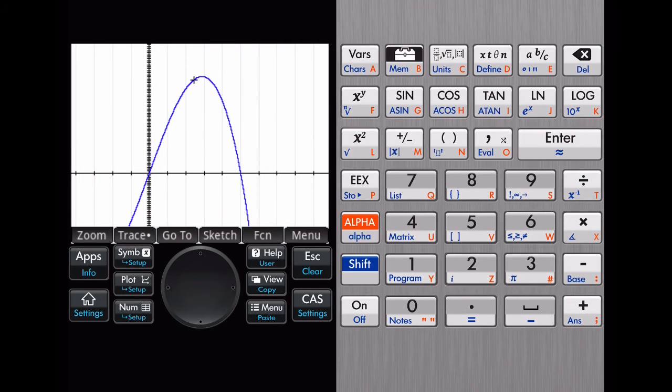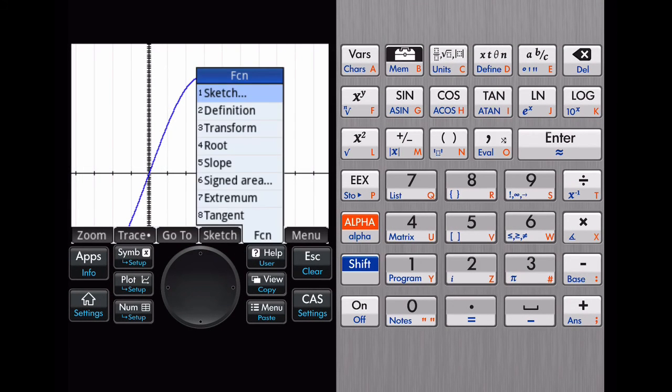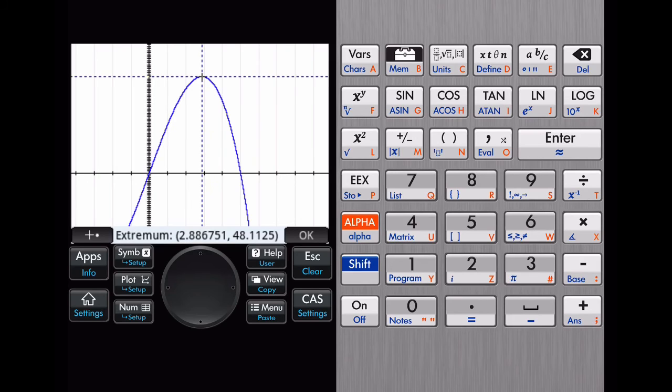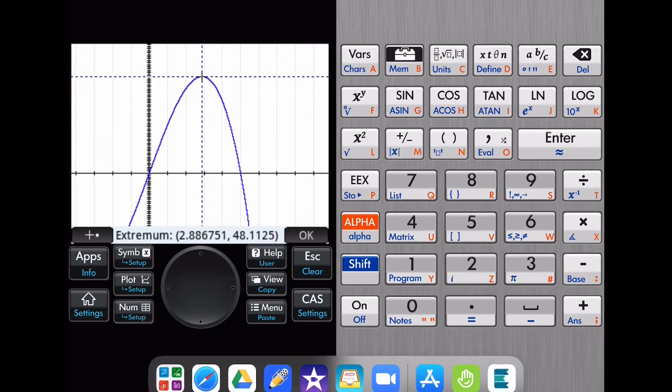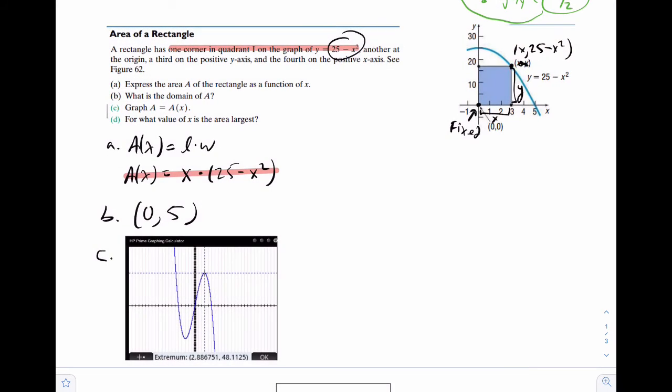So now that we have our graph in there, let's go back to our calculator. Tap near this max value. Go function, extremum. Hit the plus button, and now I can see it. So I'm going to copy this information down and go back to our paper. So right there I can see that's (2.88, 48.11).